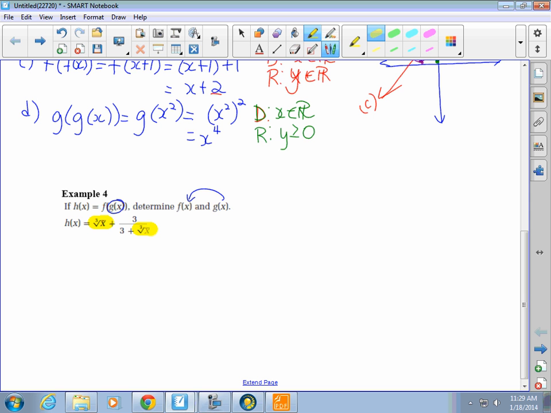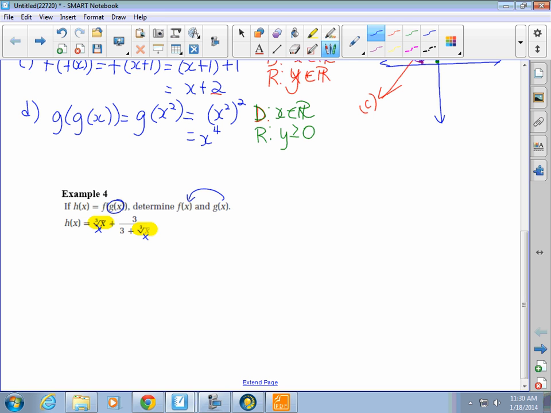So that means that this had to be my g(x), this cube root of x had to be the g(x) because it's in there twice, so we can assume then that it's been substituted in for an x value.